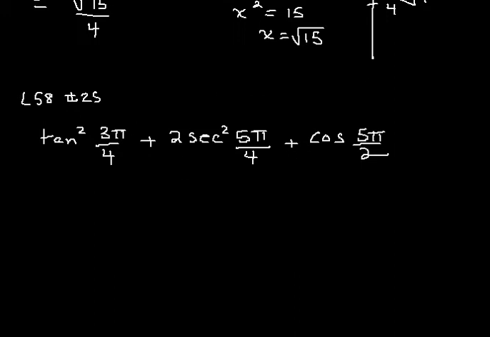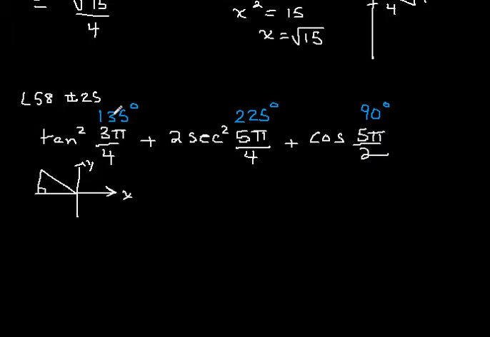So 3 pi over 4 is 135 degrees. 5 pi divided by 4 is 225 degrees. And 5 pi divided by 2 is 90 degrees. You can make little charts if you need to, little graphs. So 135 degrees, we should know that's 45, right?